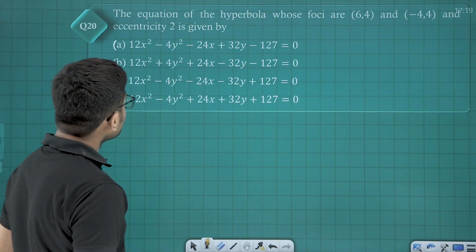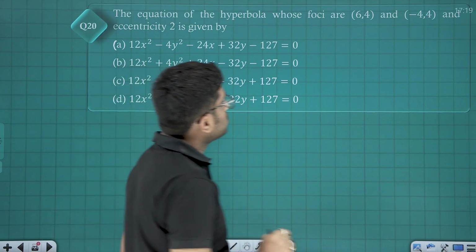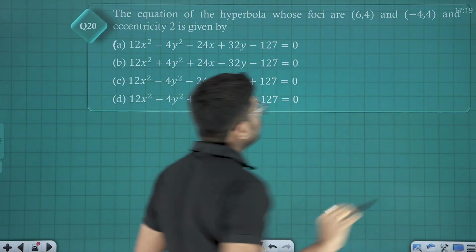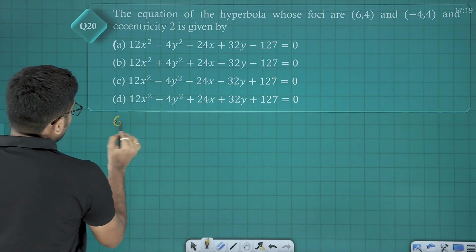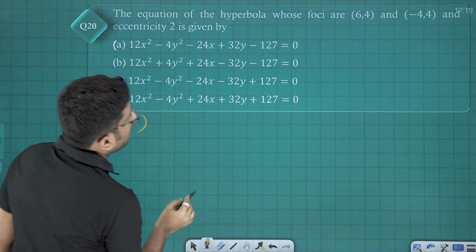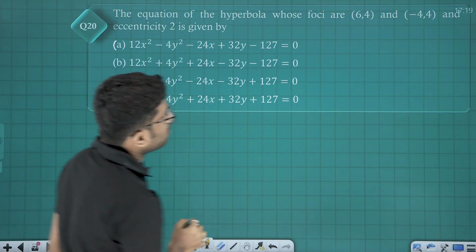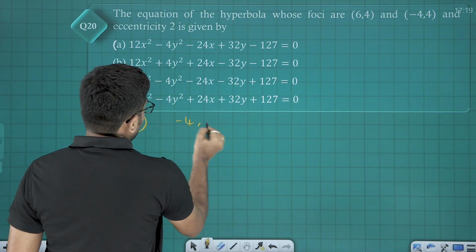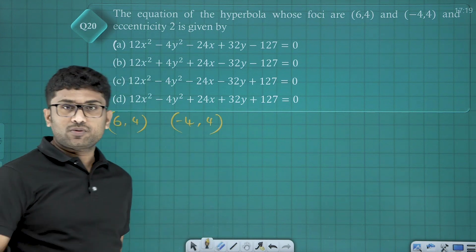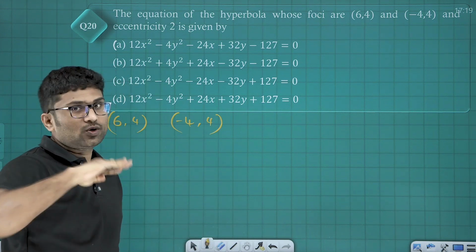Next, the equation of the hyperbola whose foci are, they have given two foci, 6 comma 4 and 6 comma minus 4. Clearly it is a transverse hyperbola because the axis is parallel to x-axis.